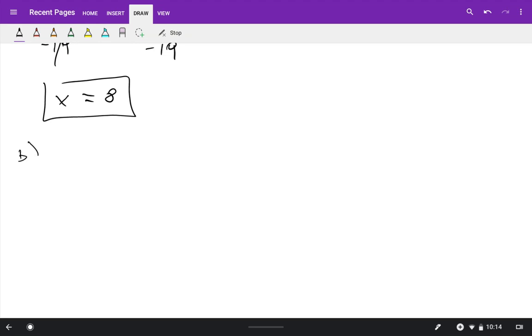B, 0.25x plus 0.05 in parentheses x plus 3 equals 2.85.